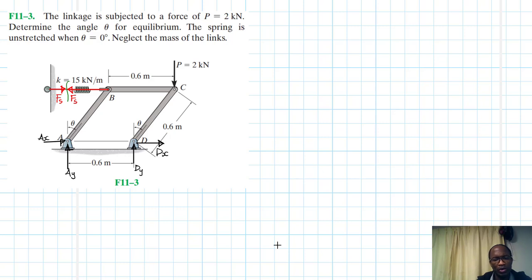So now let's draw the deflected or displaced configuration of this particular system. We need to first apply some virtual displacement. This virtual displacement can be applied at any of these joints. We can apply it at A, a rotational virtual displacement.